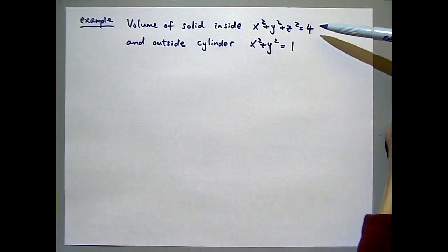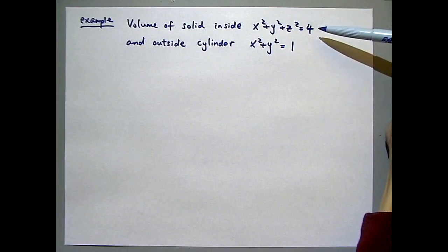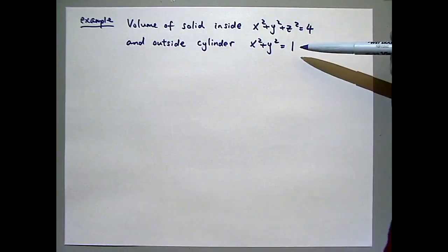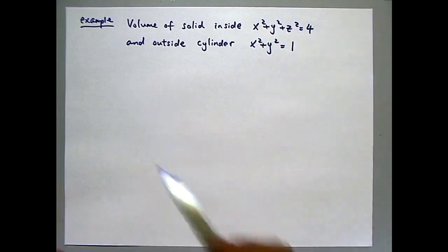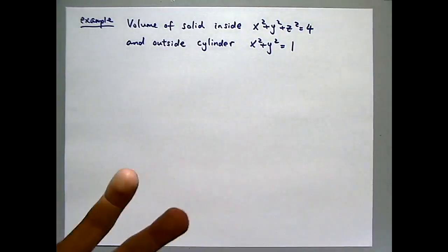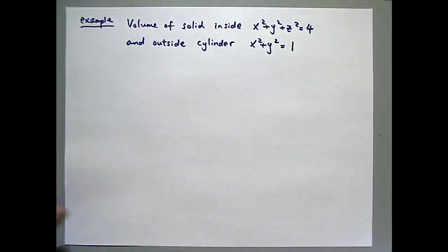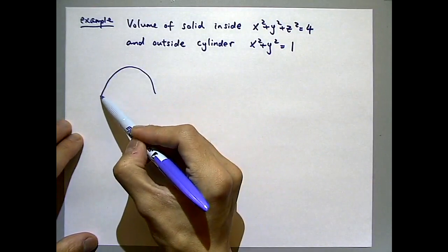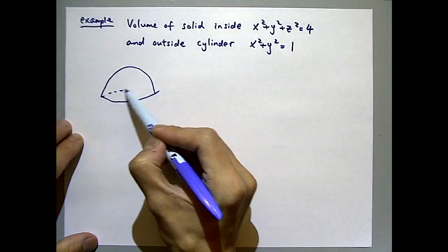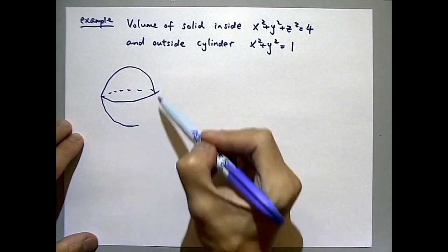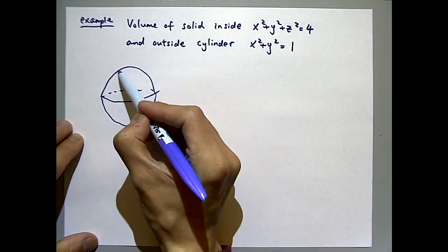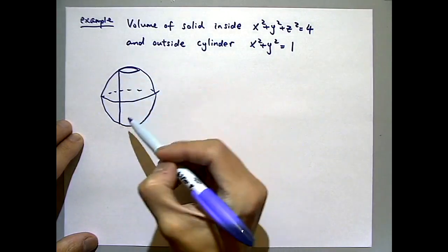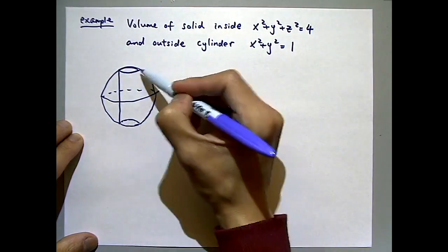Okay, what shape is this? Sphere. So we have a sphere, and we're removing a cylinder from the sphere. So this is what happens when you take an apple and remove the core, right? That's exactly what we have going on here. Here's my sphere, and we're removing a cylinder of radius 1 from inside that.